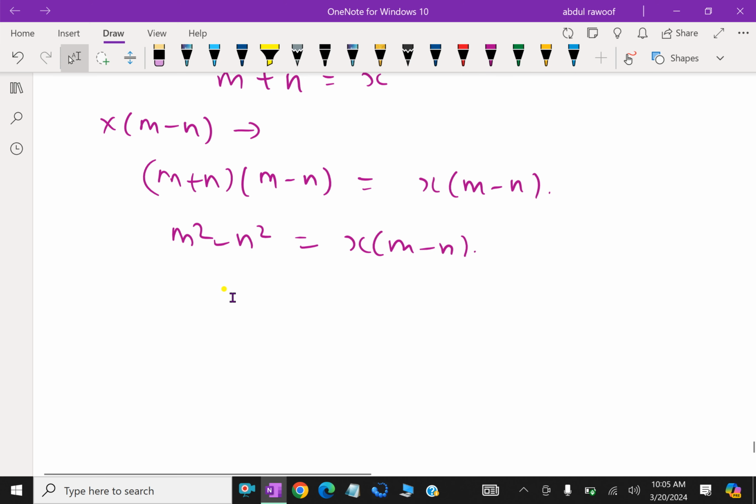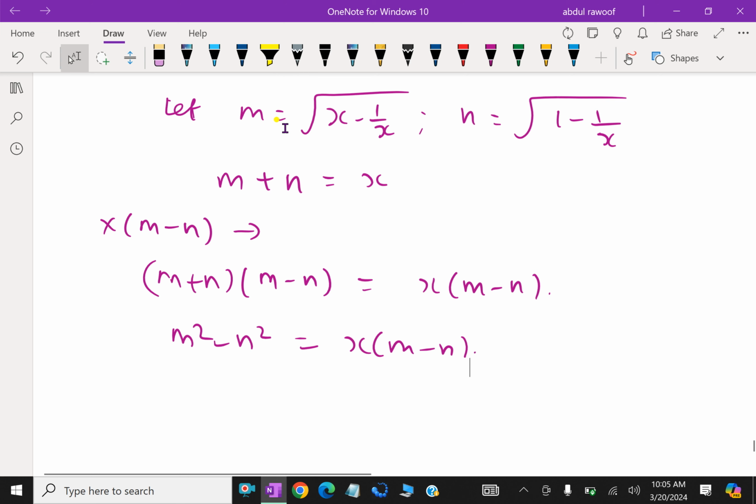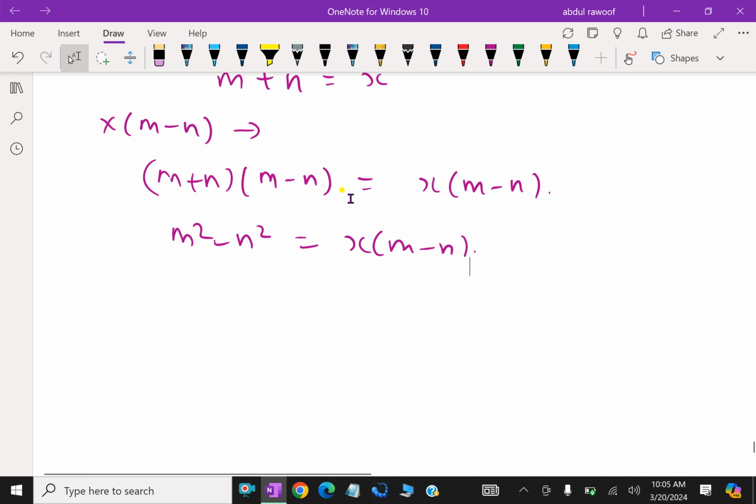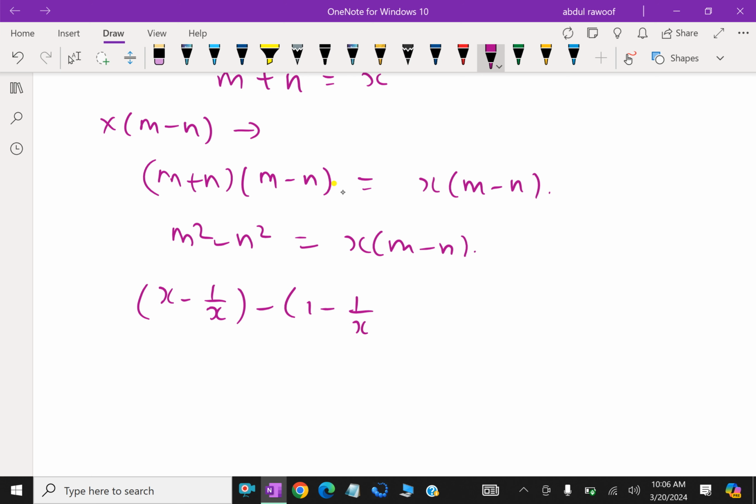Here substitute m. M is square root of x minus 1 over x. M squared, the square root will go. That is x minus 1 over x minus 1 minus 1 over x, which is equal m minus n into x.